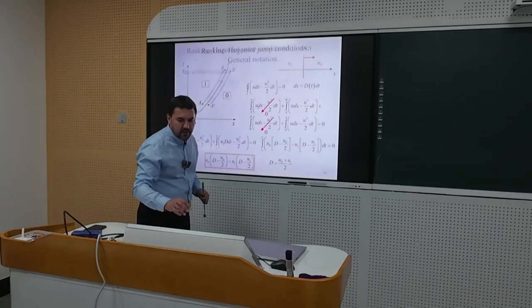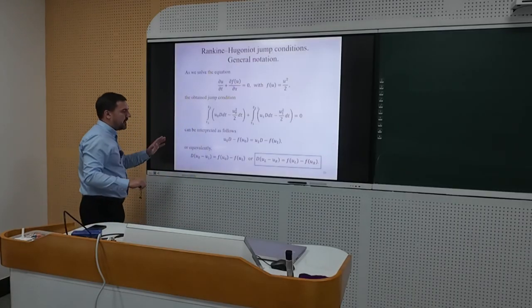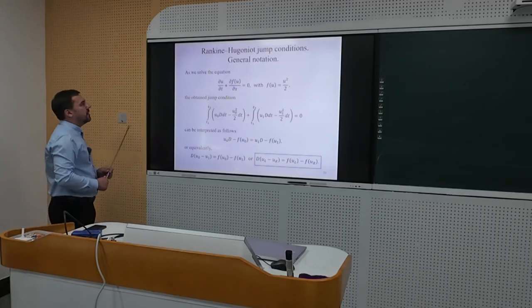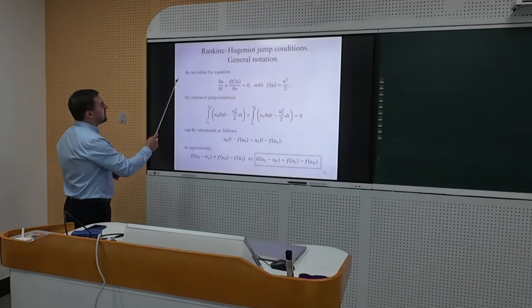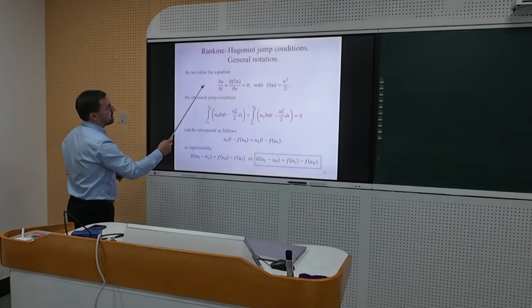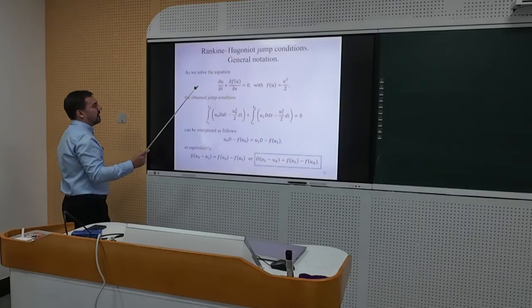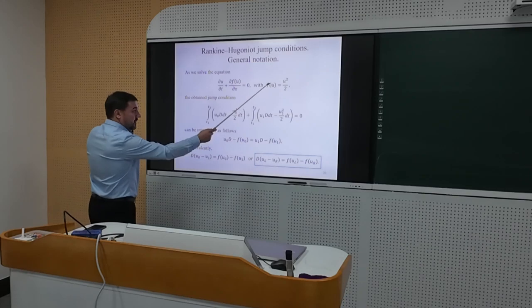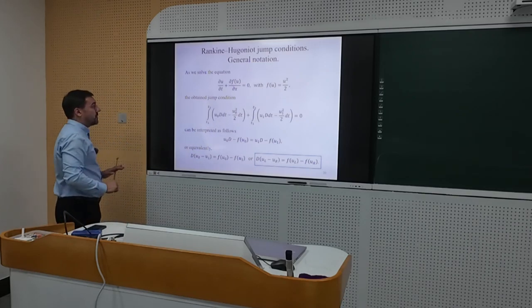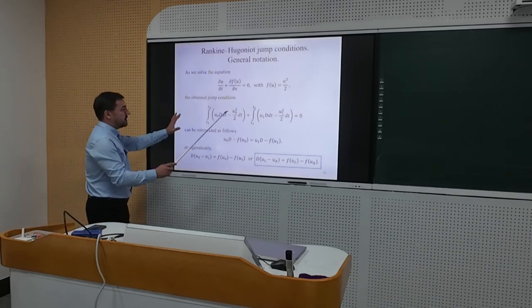In literature, highly likely you will find a slightly different general notation. If you solve the scalar conservation law, the Hopf equation with f of u equal to u squared over 2, then this is the jump condition.